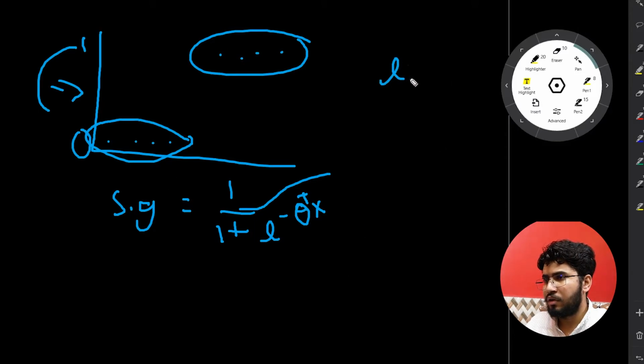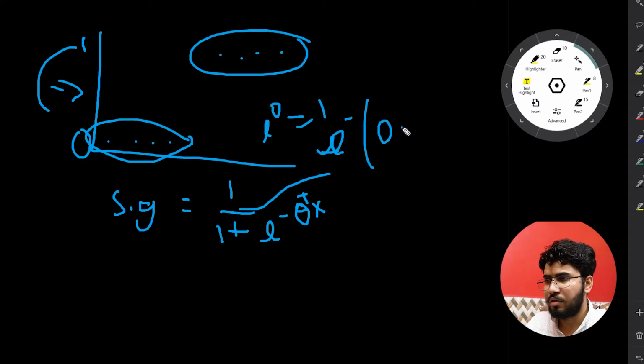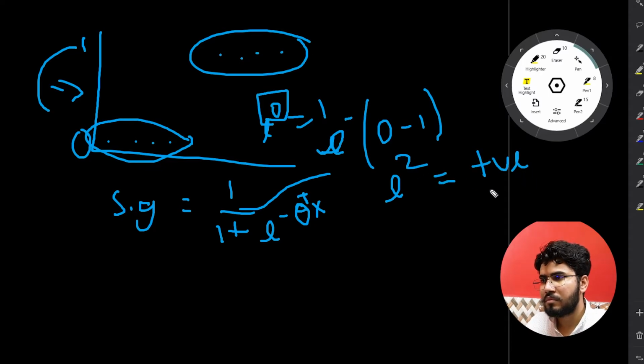e to the power 0 is always 1, and if you take it negative, e to the power minus, then it is going to be somewhere between 0 and 1. And if you take it positive, meaning bigger than 0, then it is going to be something positive.